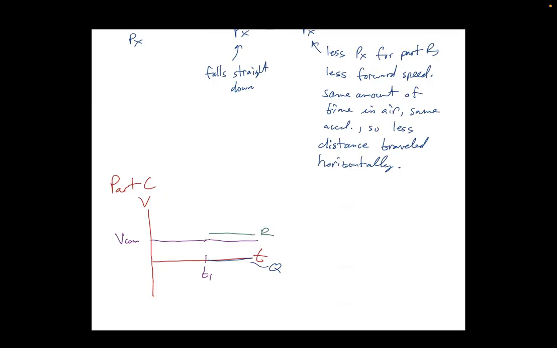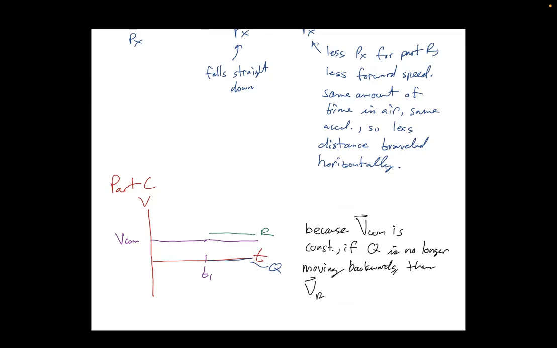So because the center of mass V doesn't change, if Q is no longer moving backwards, then the velocity of R does not have to be as large forwards.